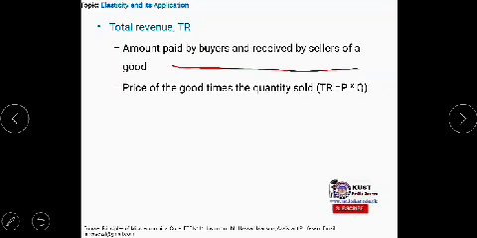So we can write it as total revenues equals P multiplied by Q, or P times Q. P is the price of the product and Q is the quantity sold or purchased of the product.